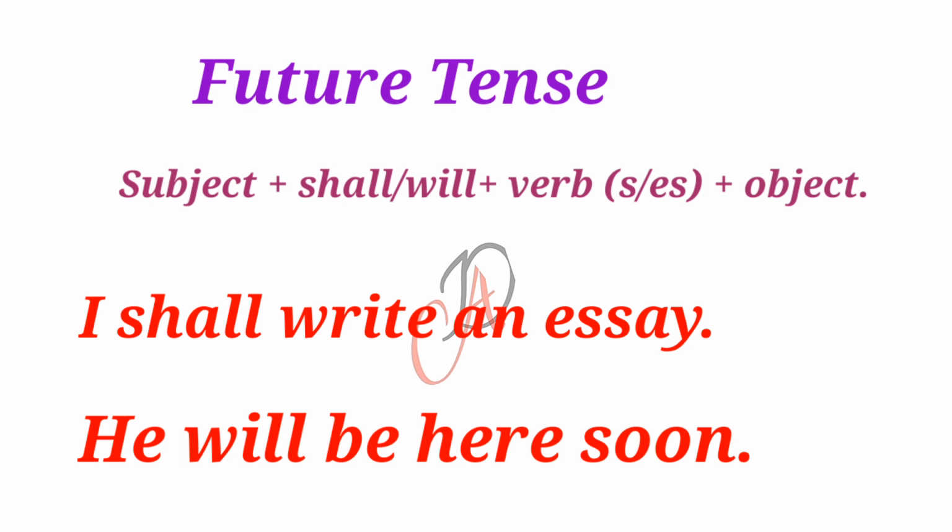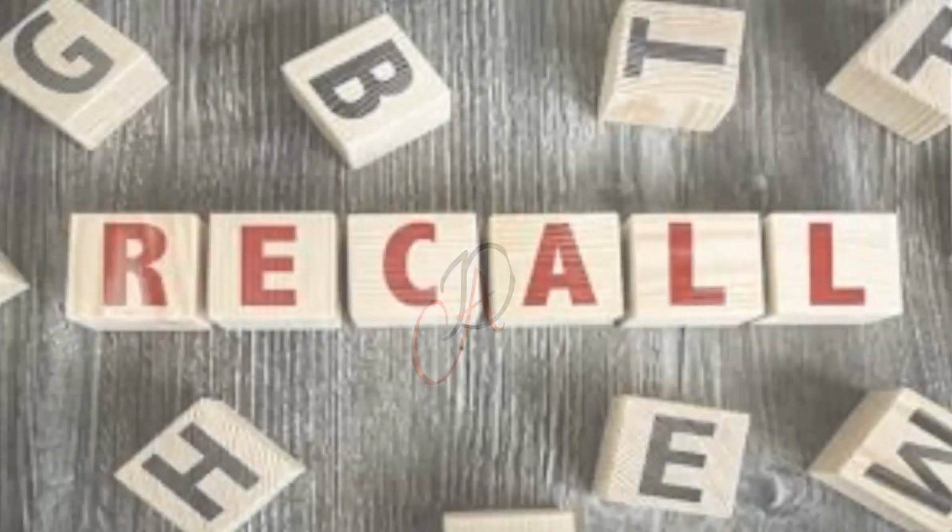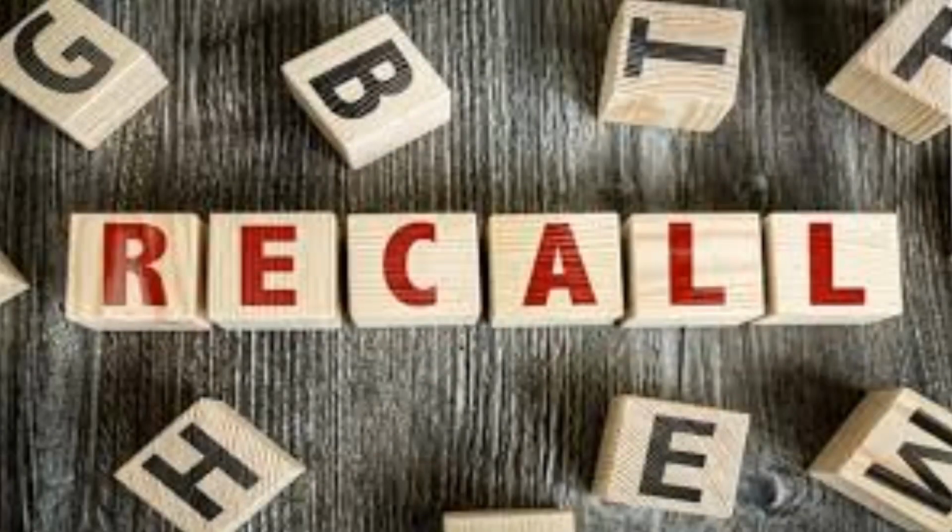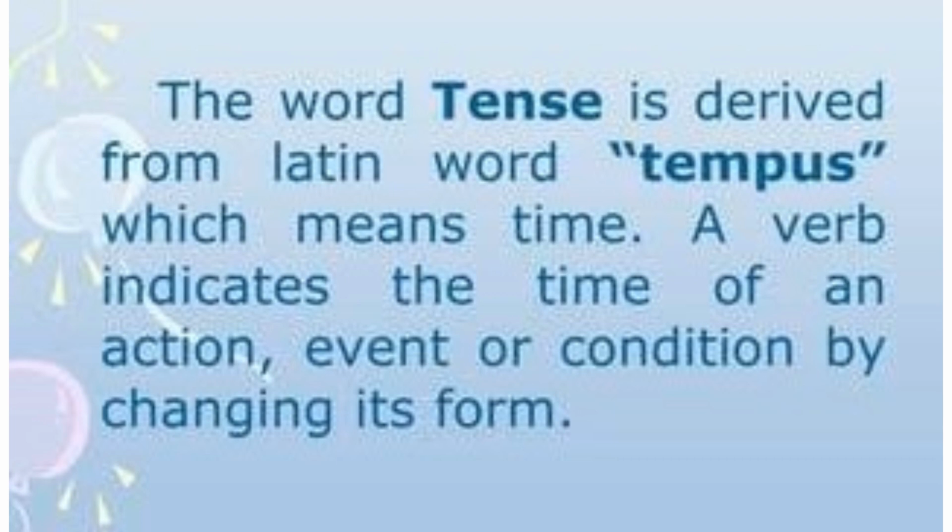Okay, guys, let's recall the content learned so far, because this will really help for the other upcoming videos related to tenses. So, basically, tense is a verb form, and the word tense is taken from the Latin word tempus, which refers to time. Therefore, tense is a verb form which shows the time of an action taking place.